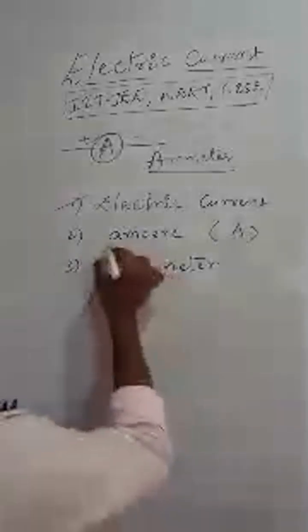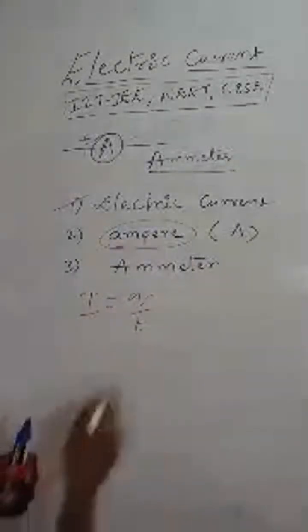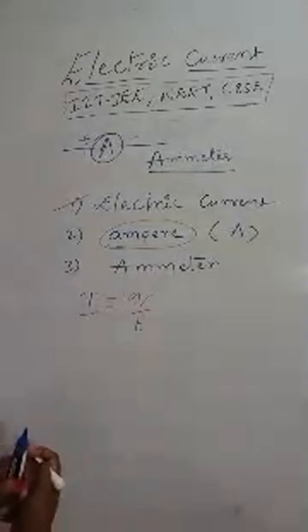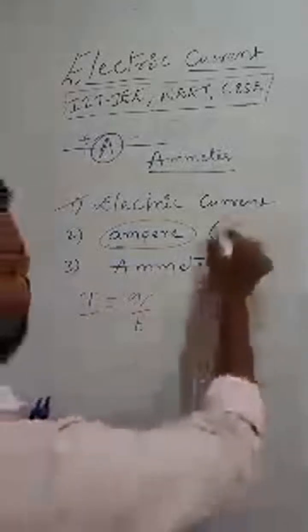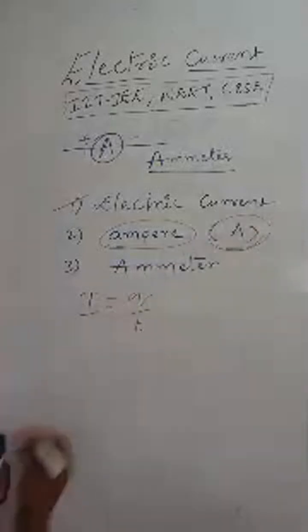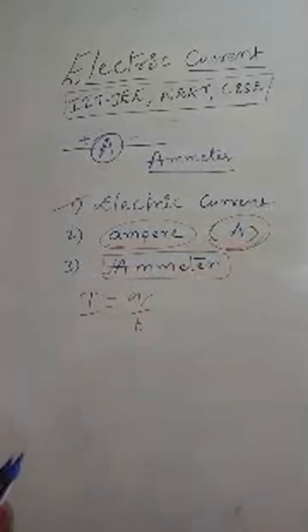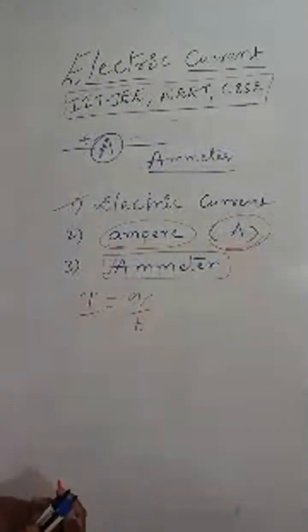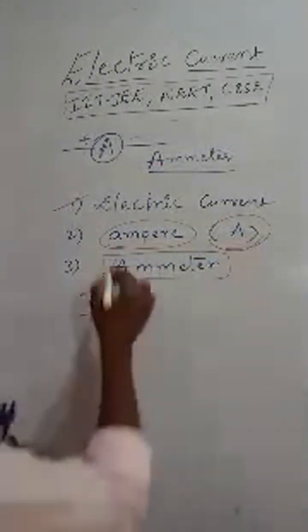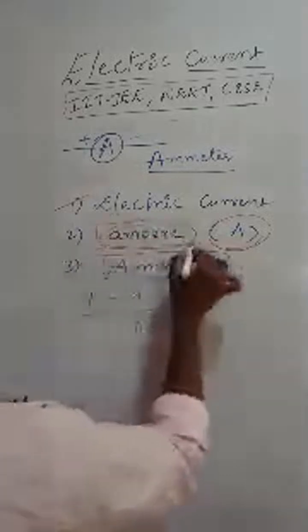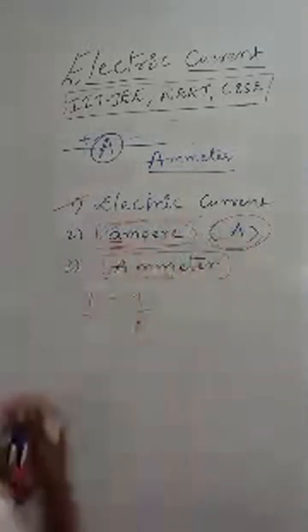Ampere is the SI unit of electric current. The symbol is capital A. While writing ammeter, you have to write a capital letter at the start, according to English. But while you are writing units, you must write a small letter.